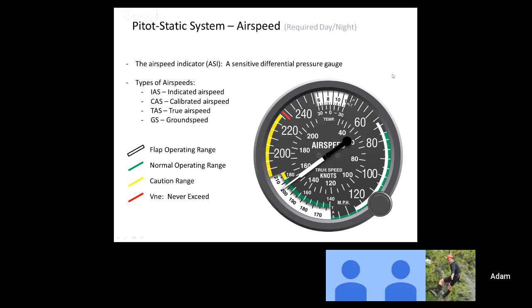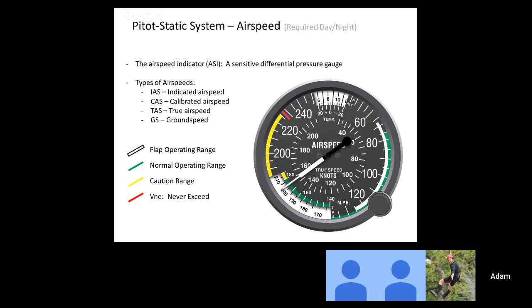All right, so let's dive into the airspeed indicators a little bit more. We talked a little bit about ram air pressure and the instrument's ability to compare it to the static pressure. So the airspeed indicator is a sensitive differential pressure gauge, and essentially static air pressure is acting at all times on the airspeed indicator.